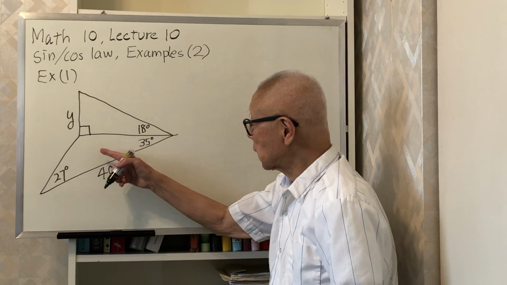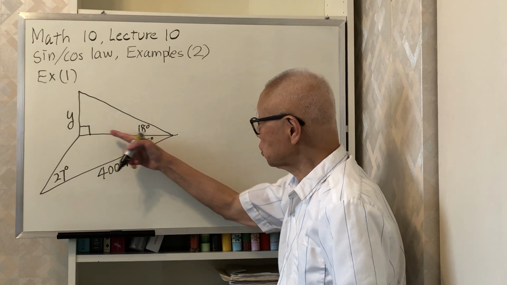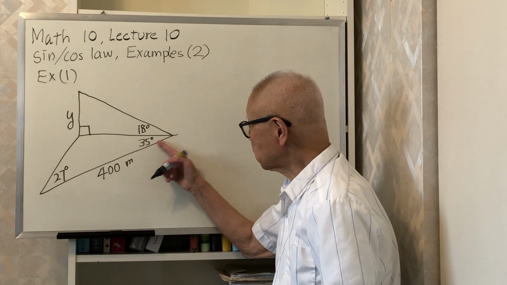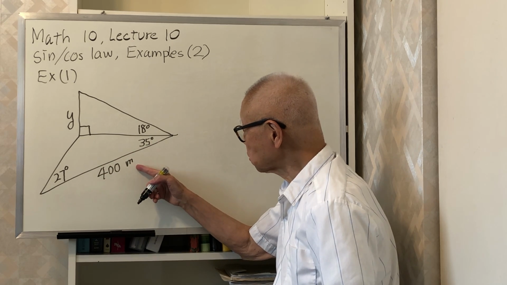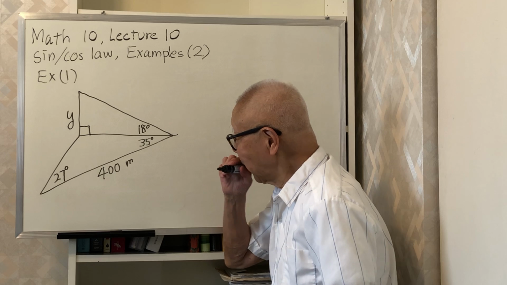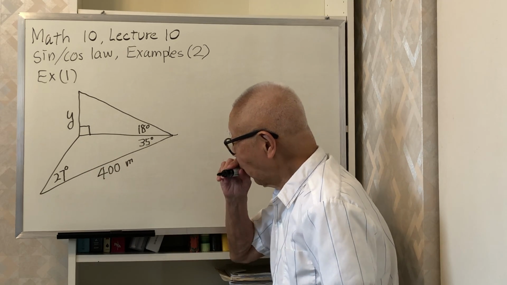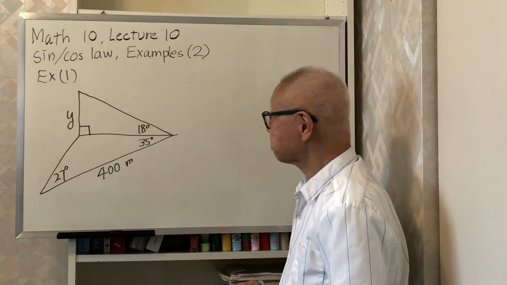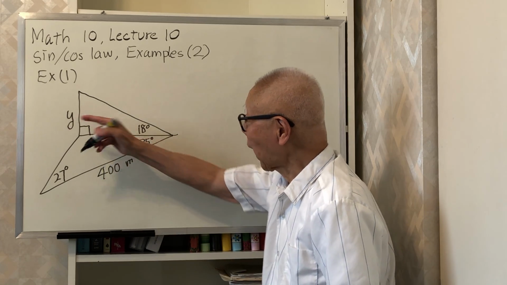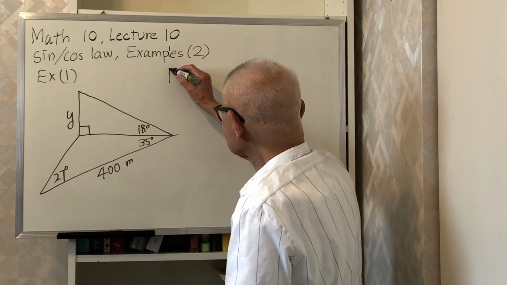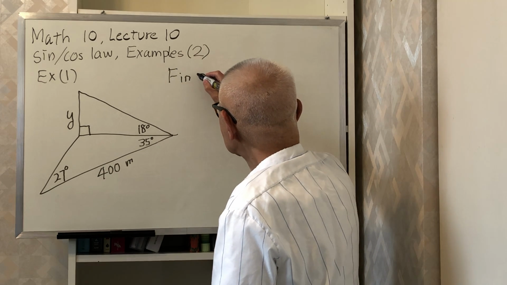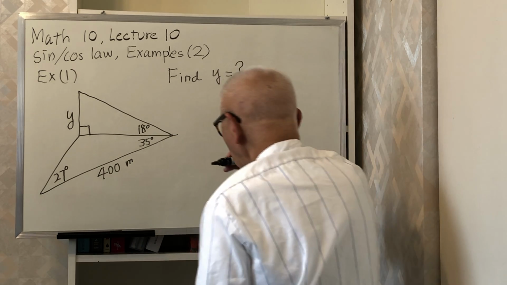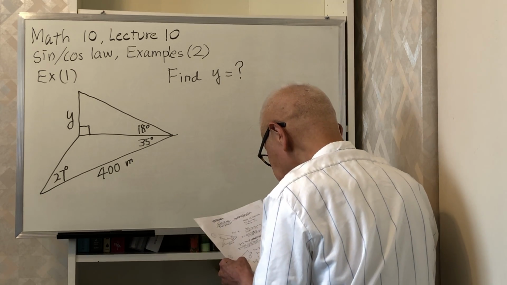This side is 400 meters, and the other angles are 27 degrees and 35 degrees. I want to find y.